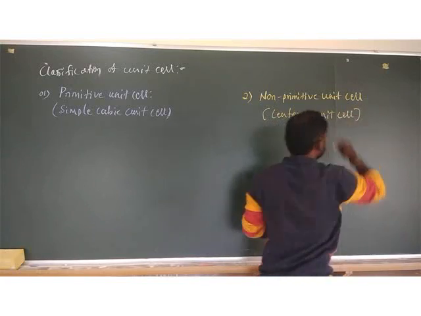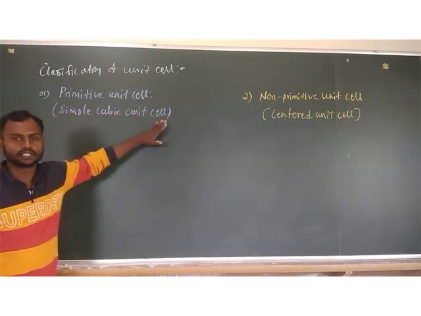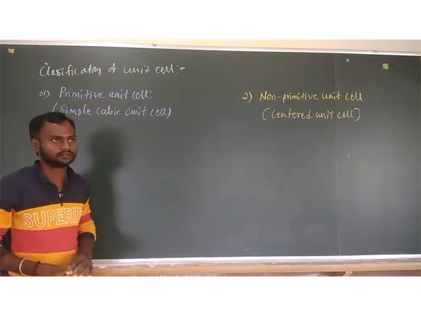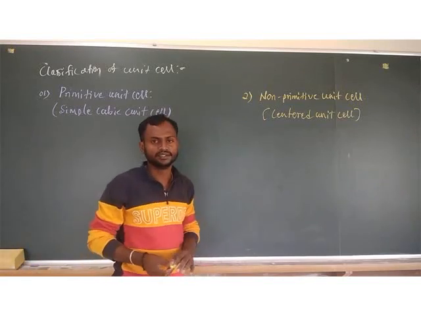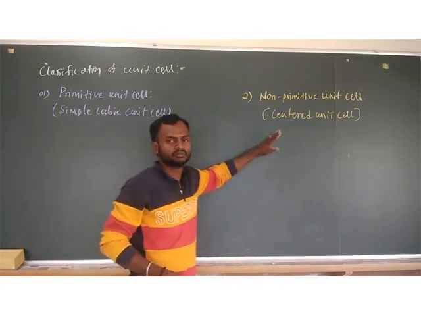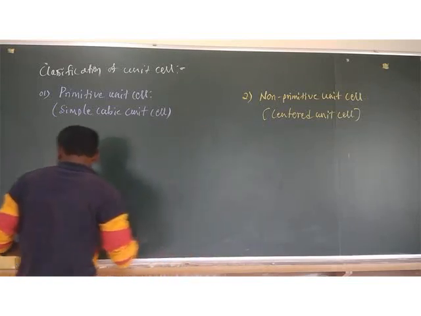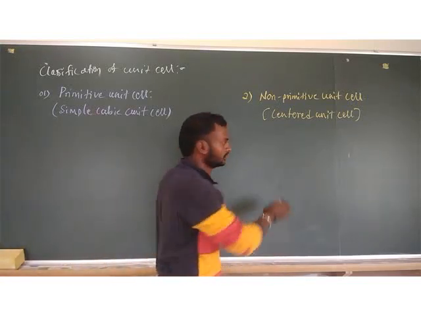So, a unit cell is either a primitive or simple cubic unit cell, or a non-primitive or centered unit cell. Further, the non-primitive unit cell can be classified into three categories.